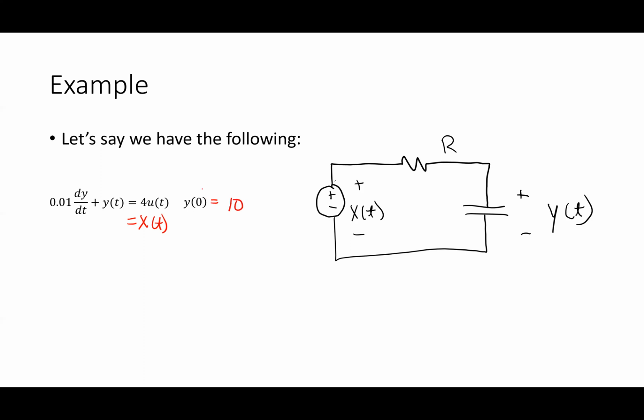Now, before I do anything, I want you to tell me, because you should know, what does y of t look like? If I said y of 0 is equal to 10, and I applied 4 volts, you should be able to tell me what y of t is going to look like. Where's it start and where's it end? And what's it look like in between?